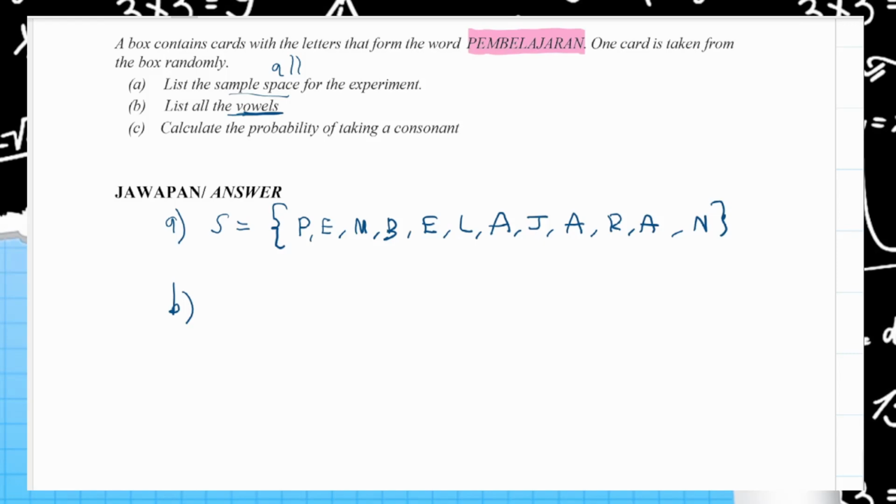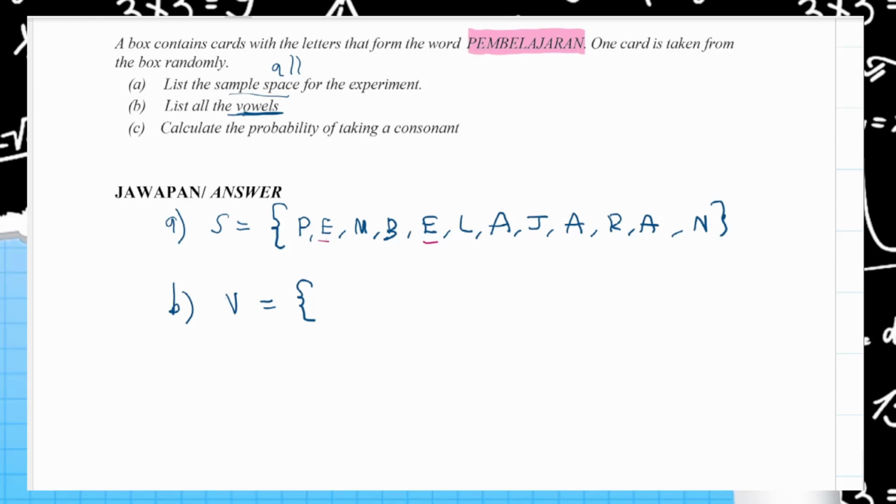So from the sample space, for the vowels we can use capital letter V here. If you see here, you have more than one vowel, right? So you have E here, E here.